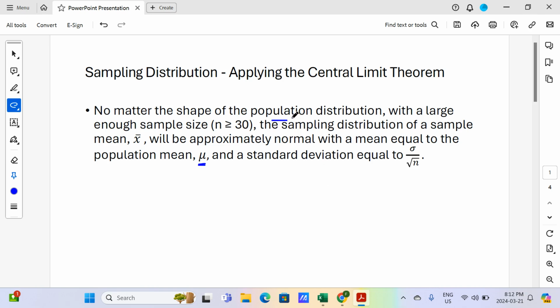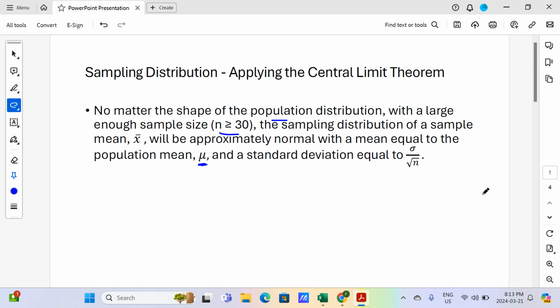If the population is not normal, we need to select a sample which is large enough, at least 30 items in the sample is required. Then the sampling distribution of the sample mean X bar would be a normal distribution with a mean equal to the population mean and a standard deviation which is equal to population standard deviation divided by square root of the sample size. Okay, it's the central limit theorem in summary.